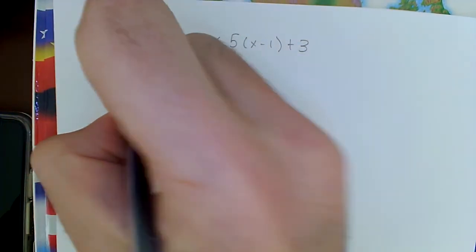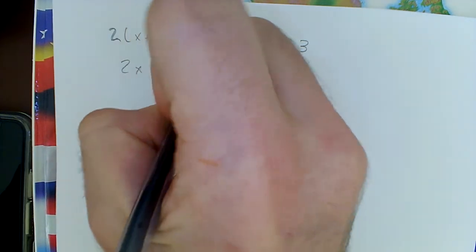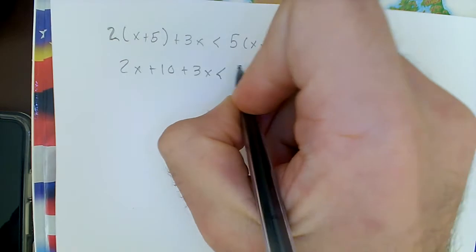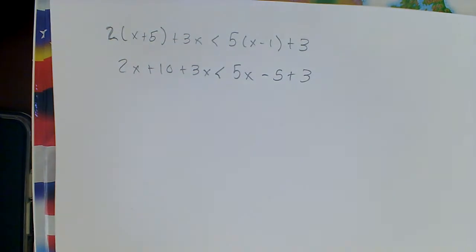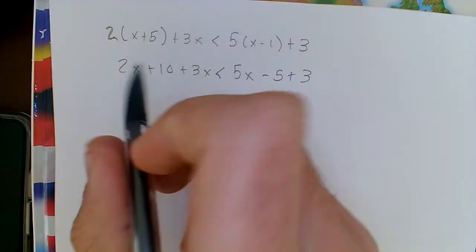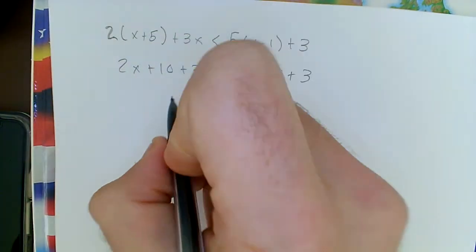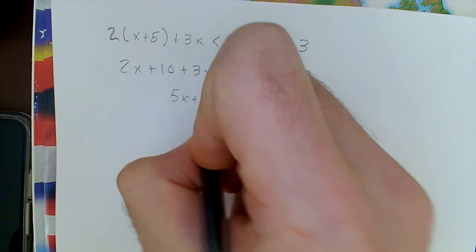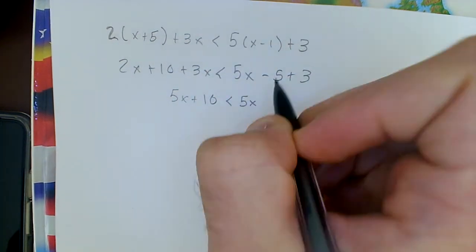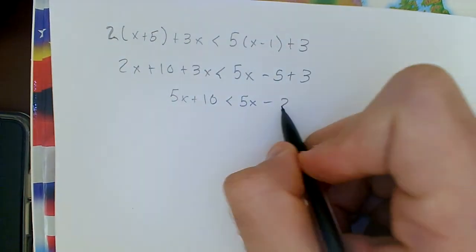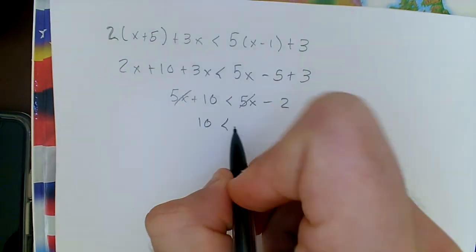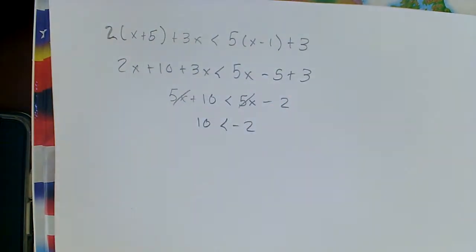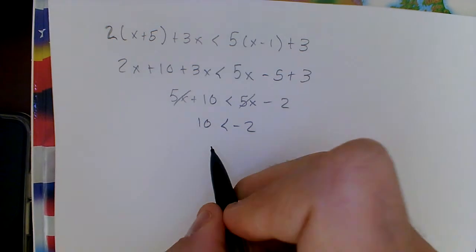First I would distribute this out. So 2x plus 3x is 5x, so 5x plus 10 is less than 5x minus 2. Again I can subtract 5x from both sides and you get 10 is less than negative 2, which is not true.